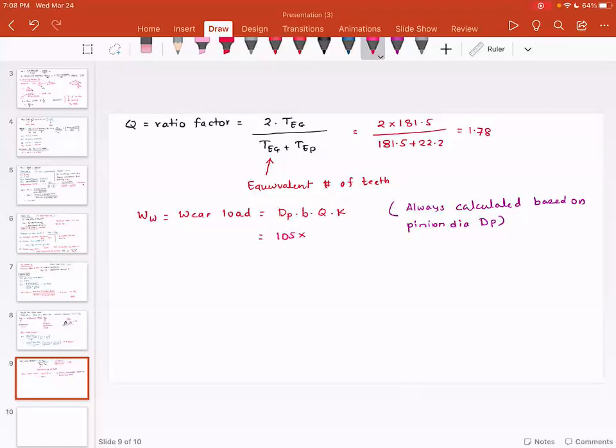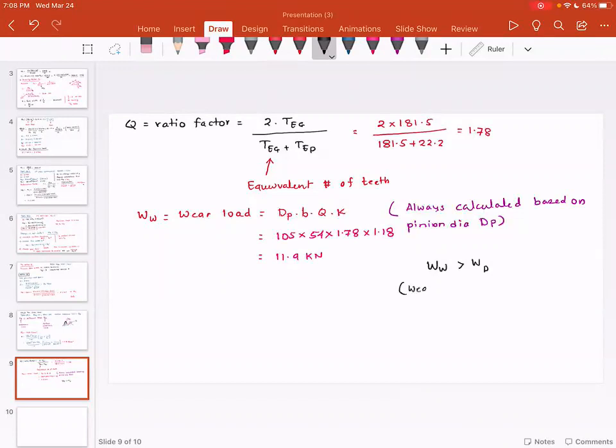The face width is going to remain the same, which is 54. Value of Q is 1.78. Value of K is 1.18. And when you solve this, your answer is 11.9 kilonewton. Please note WW is greater than WD.